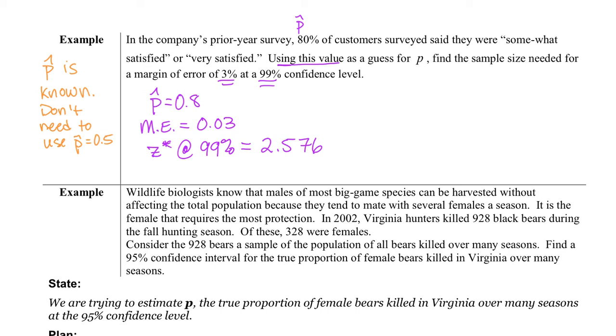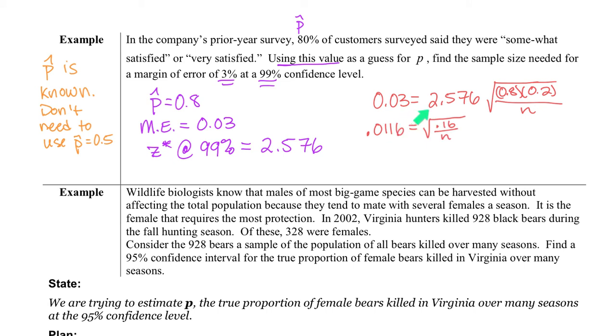Putting everything together into the margin of error formula, we get the margin of error, which was 0.03, has to equal this formula. And then we're going to work to solve for n. Start by dividing the 2.576 from both sides, and we end up with 0.0116.